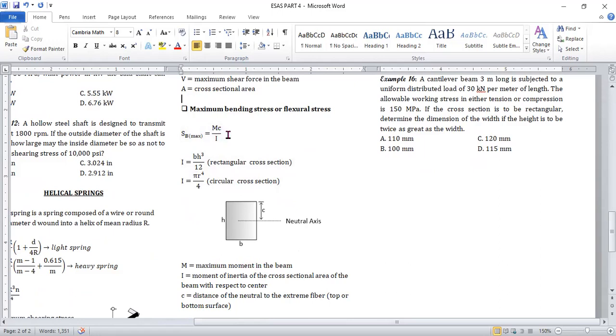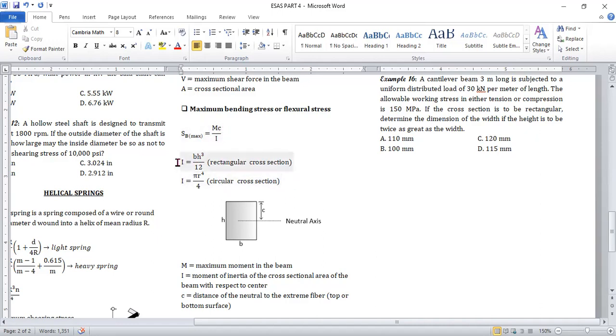Okay, so this is the maximum value of the moment in the beam. C represents the distance of the neutral axis to the extreme fiber, no? So this is from the neutral axis to the top or bottom of the beam, no, or the surface. Okay, so I, of course, is the moment of inertia.